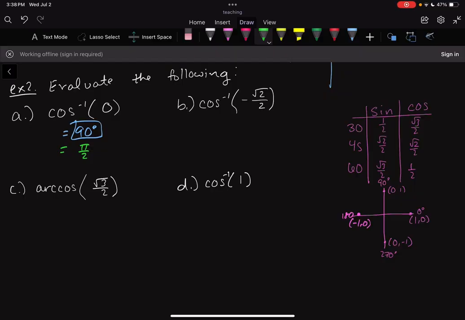Now let's go over to part B, cosine inverse negative root 2 over 2. The negative is what determines my quadrant. So cosine is positive in quadrant 1. It's negative in quadrant 2. So this means that my answer needs to be in quadrant 2.